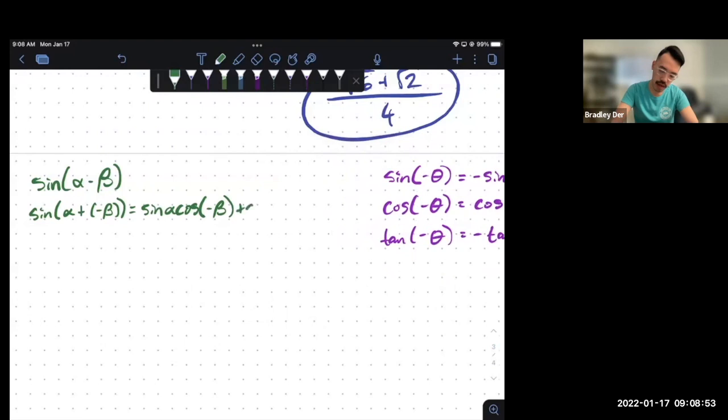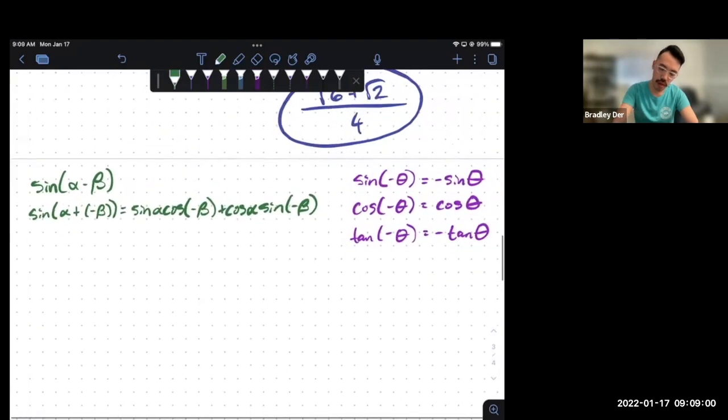And then we would add cosine alpha and the sine of negative beta. Well, for cosine of negative beta, we've seen how the cosine of a negative angle is the same as the cosine of the positive angle. So this we could just replace with cosine beta. There really wouldn't be any change there. This sine of negative beta, we've seen will have the negative of the sine of the positive angle, or just negative sine of beta.